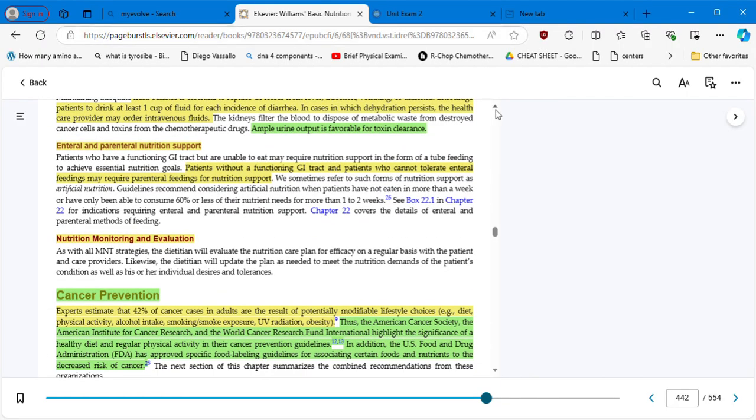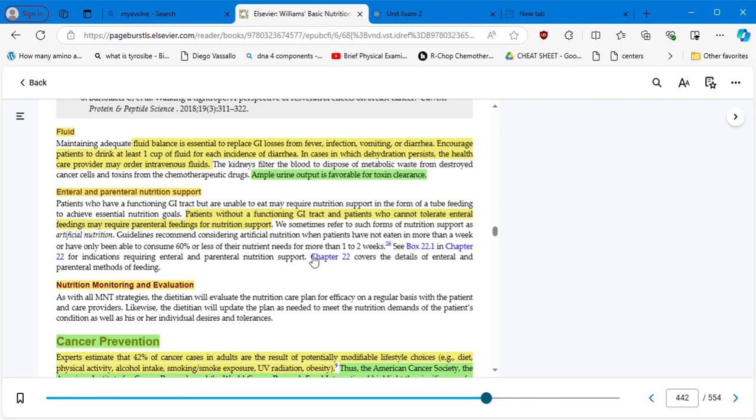So now we are heading to fluid. Fluid balance is essential to replace GI losses from fever, infection, vomiting, and diarrhea, right? So we encourage patients to drink at least 1 cup of fluid for each incidence of diarrhea. In case dehydration persists, the healthcare provider may order intravenous fluids. That's very common, because sometimes we prefer that patients have some level of diarrhea, but not diarrhea every day, all day, right?